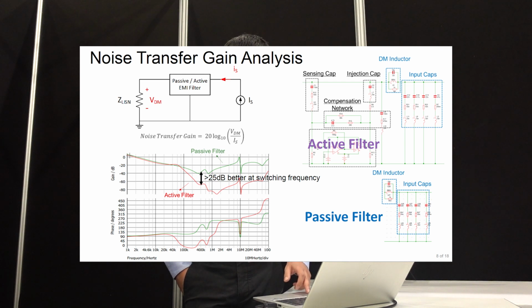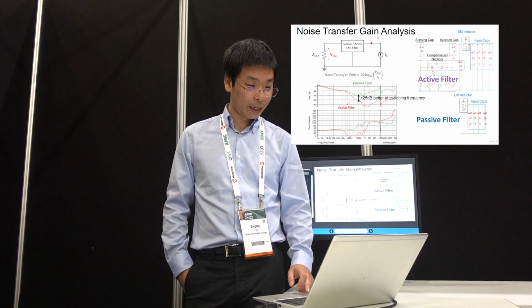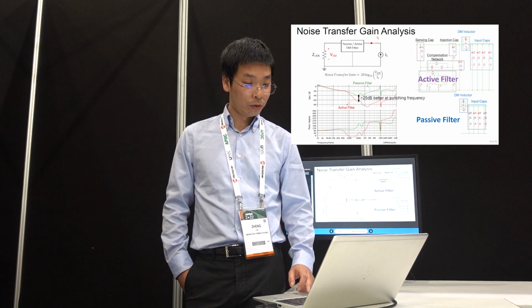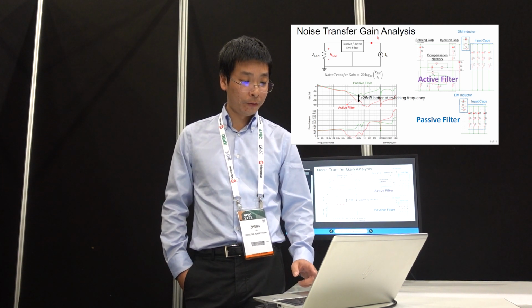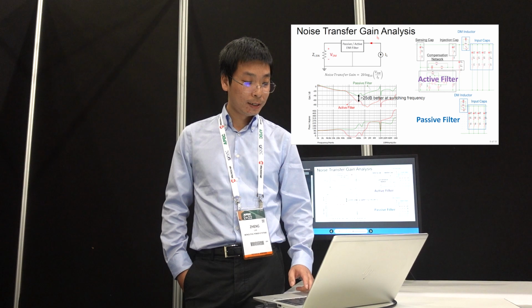So you have the active filter or passive filter in between, and that transfer gain shows how much noise the filter can damp.